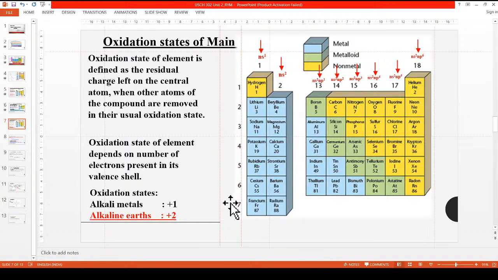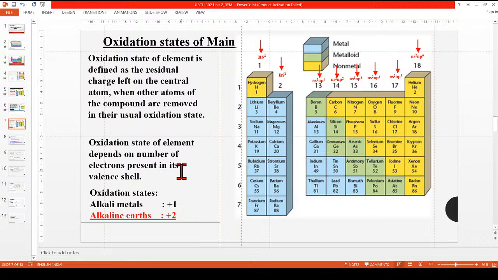So if you see oxidation state, the common oxidation state of an element depends upon the number of electrons in its valence shell. How many electrons are in the valence shell and how many electrons are needed to get an octet, that decides whether the oxidation state is high or low, or whether it will show variable oxidation state.